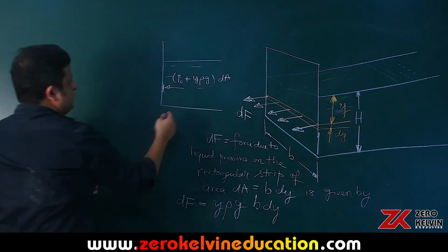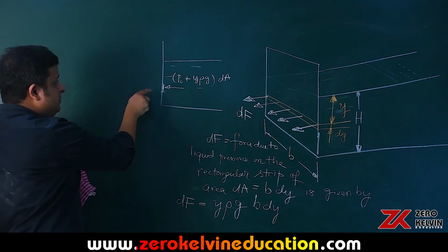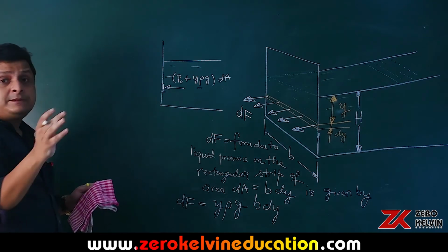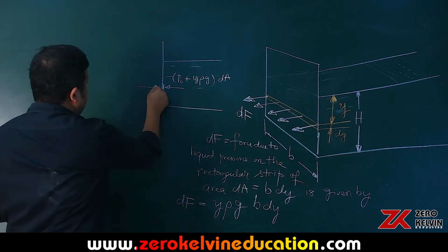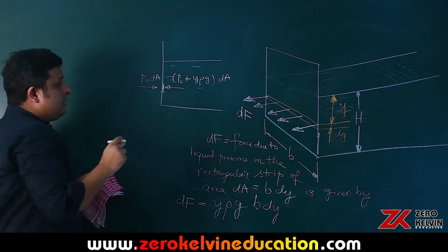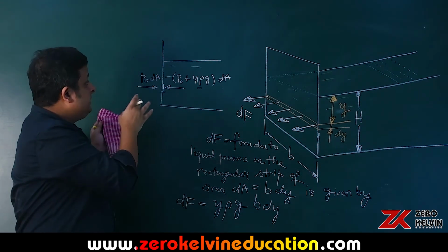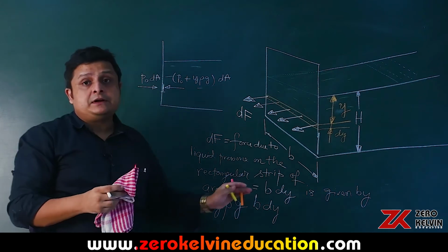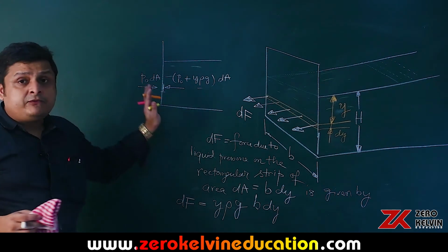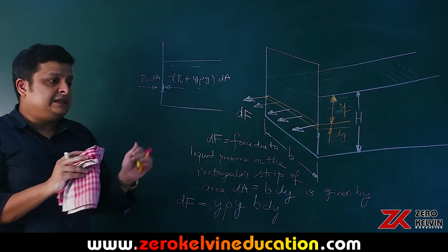This is the force due to absolute pressure at this point, and here to the left side it is open to atmosphere, so pressure is P naught multiplied by dA. So now you know why this P naught is not considered here, because the atmospheric pressure acts from the left and the right, so ultimately it will have no effect, so that will cancel.